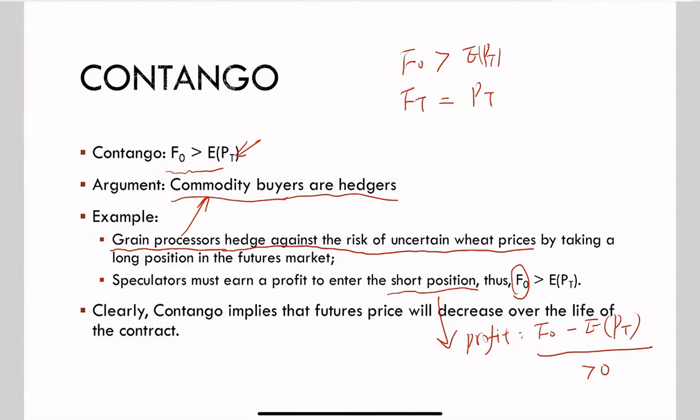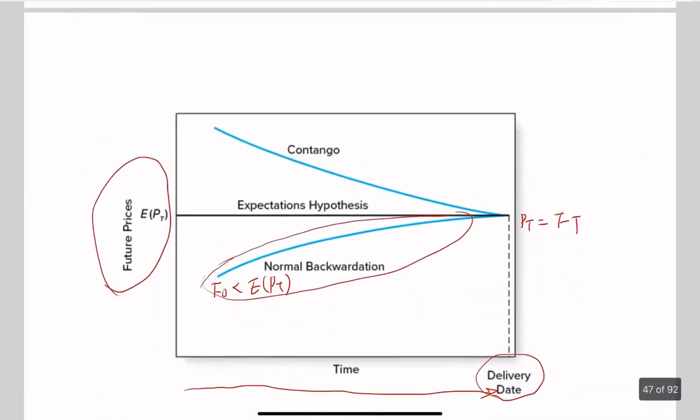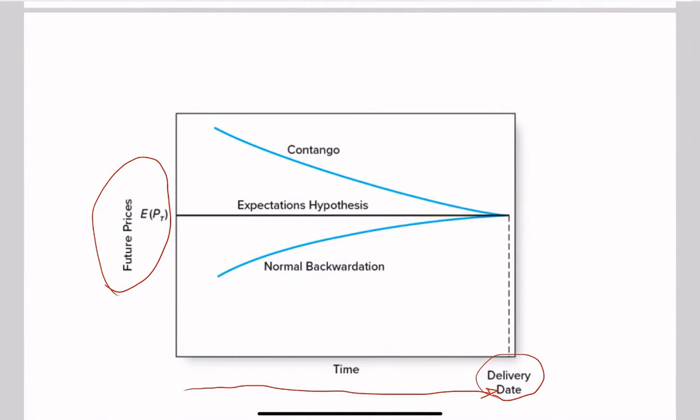So this implies that F0 is larger than F_T. That is, initial futures price is larger than the futures price on this delivery date. So this implies that if there is contango, then the futures price will decrease when the time is close to the delivery date.